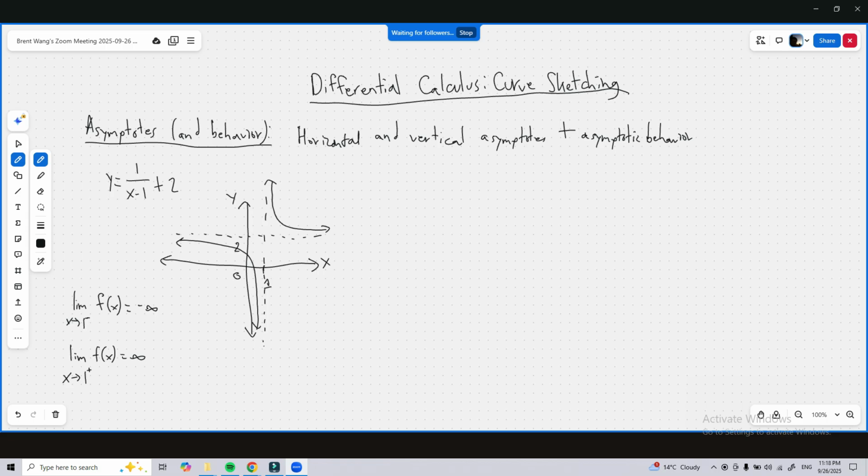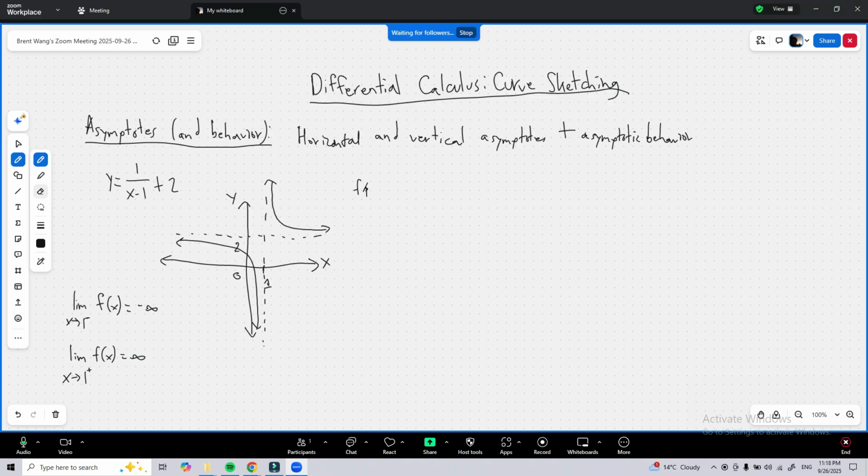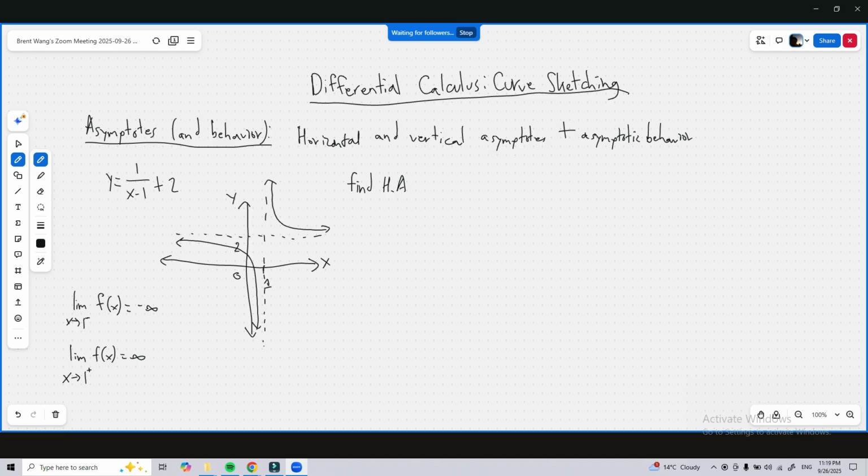And then we would also look at the horizontal asymptotes. Now, in calculus, you can find horizontal asymptotes. Oh my god, my pen glitched there for a second. Every function has 0, 1, or 2 horizontal asymptotes.